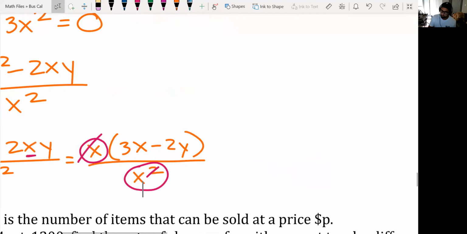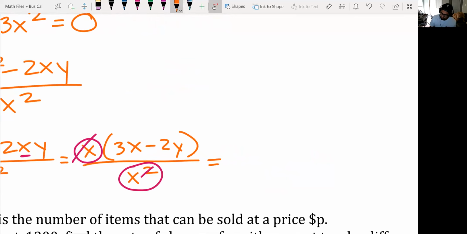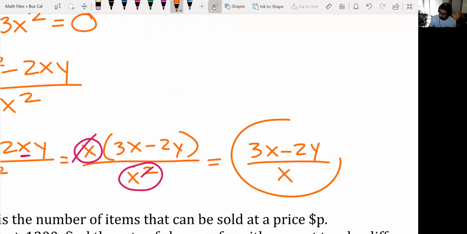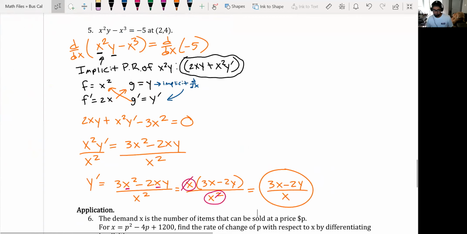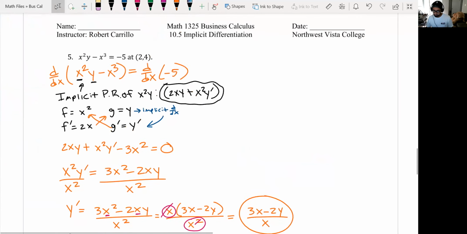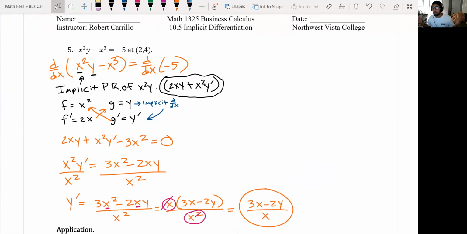So we're left with our final answer of 3x minus 2y over x. So just some things to notice in case it does ask us to super simplify.